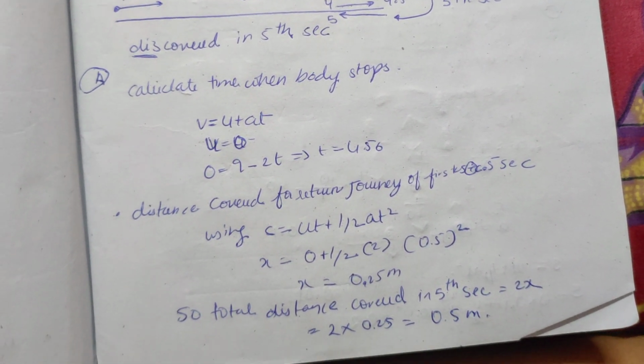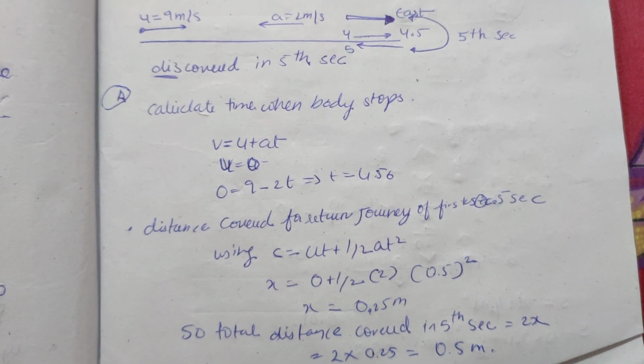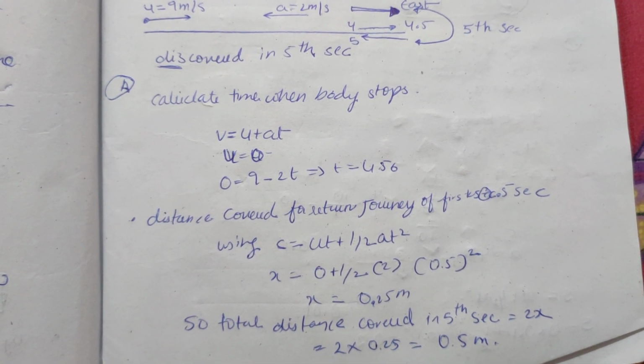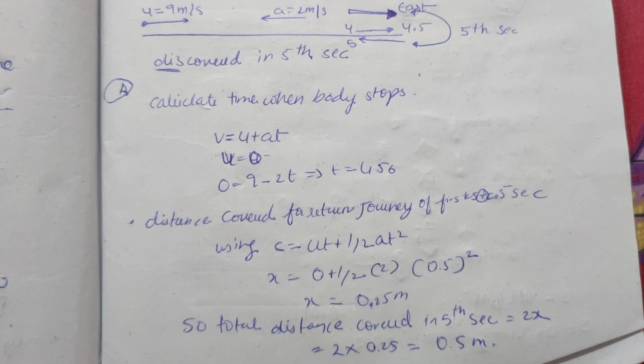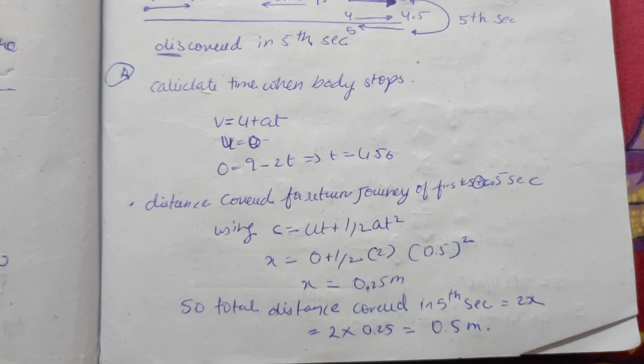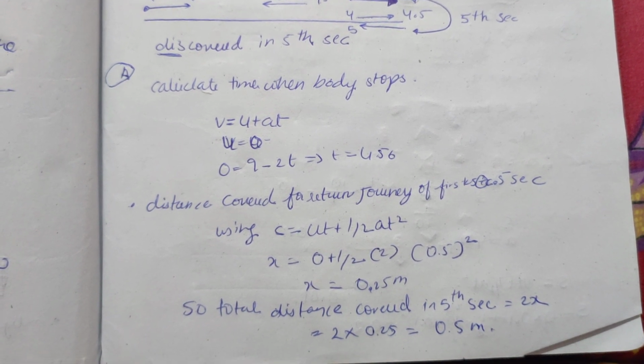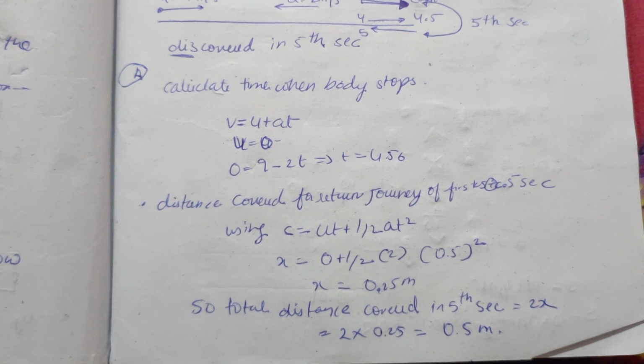The distance covered for the return journey of the first 0.5 second, using s equal to ut plus half at square, x equal to 0 plus half into 2 into 0.5 square equal to 0.25 meter. So the total distance covered in the fifth second is 2x, 2 into 0.25 equal to 0.5 meter.